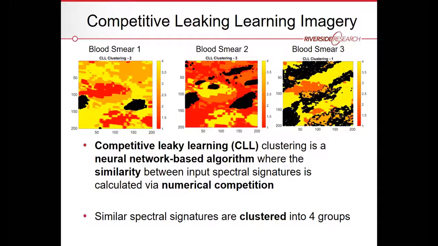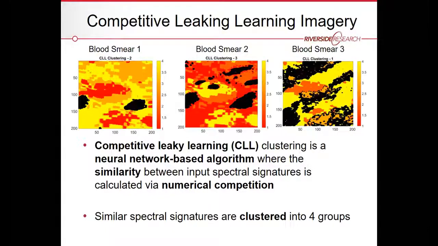Again, same blood smear targets. Competitive leaky learning is a form of clustering, neural network based, where the similarity between input spectral signatures is calculated numerically. You can think of each of the pixels as having a lot of energy in wavelength from 300 to 1050 nanometers.